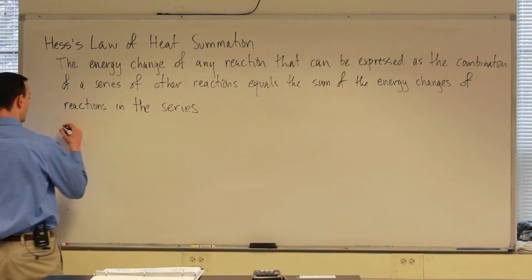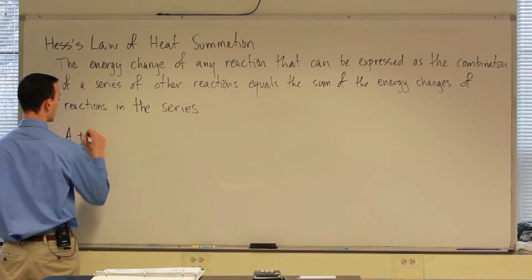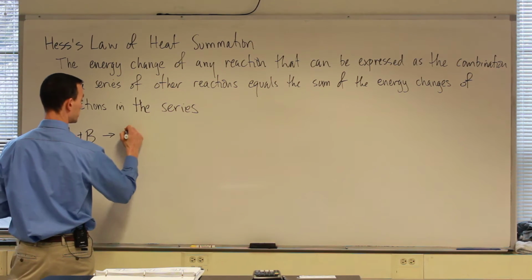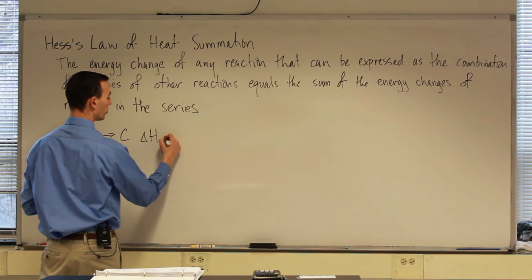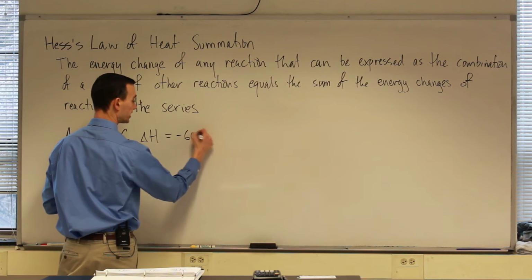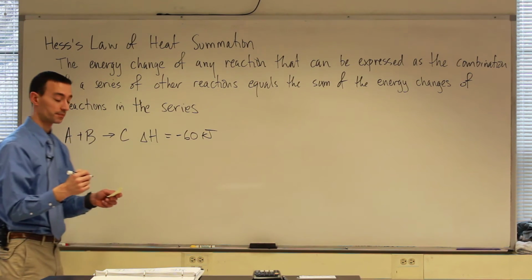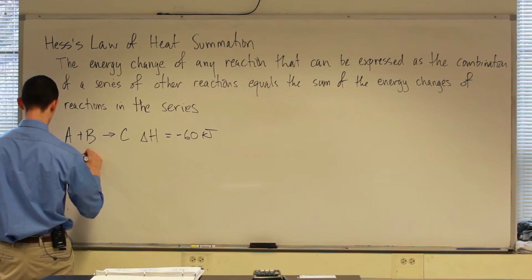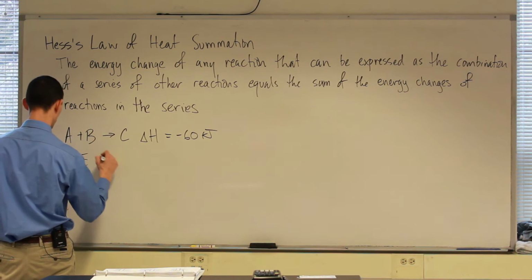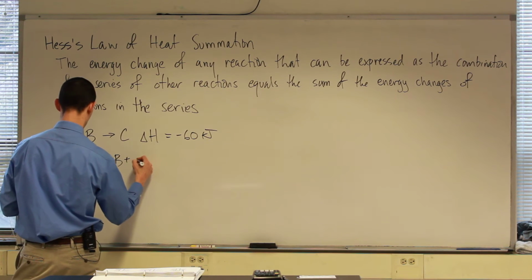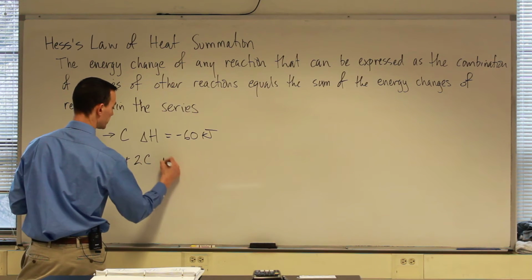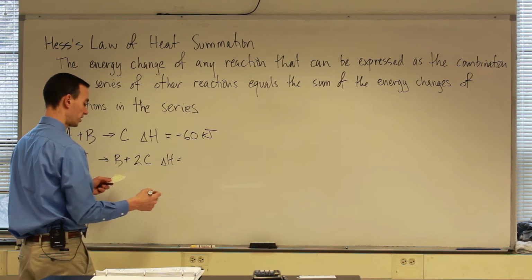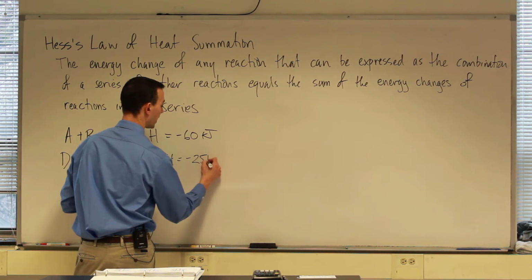So for example, let's say I knew that A plus B produces C, has an enthalpy of reaction of negative 60 kilojoules. And that a different reaction, D plus E, would produce B and 2 C's. The enthalpy change of this reaction is negative 25 kilojoules.